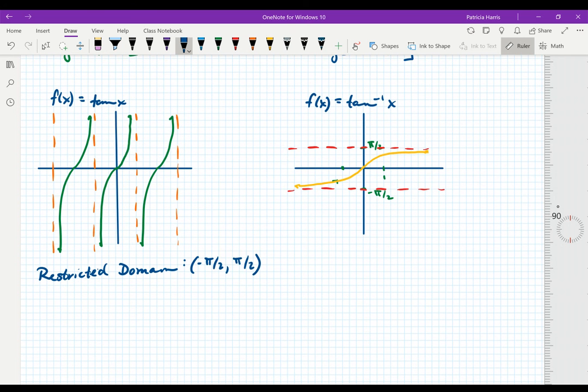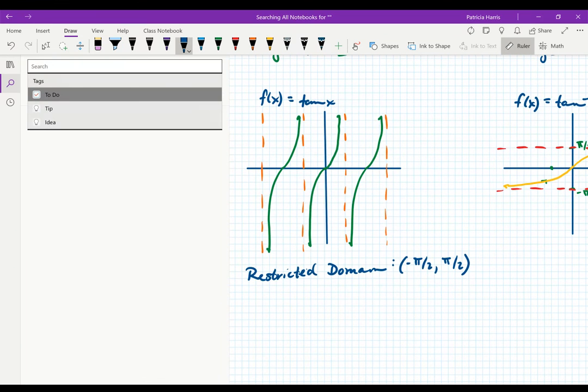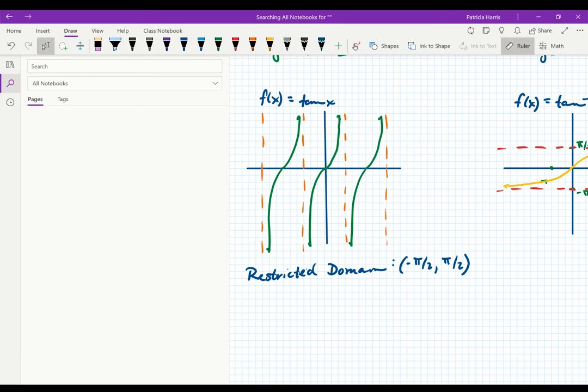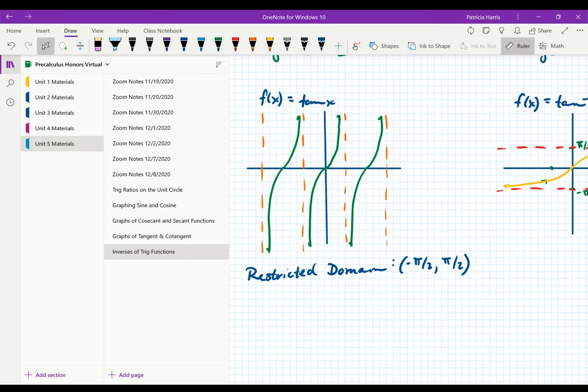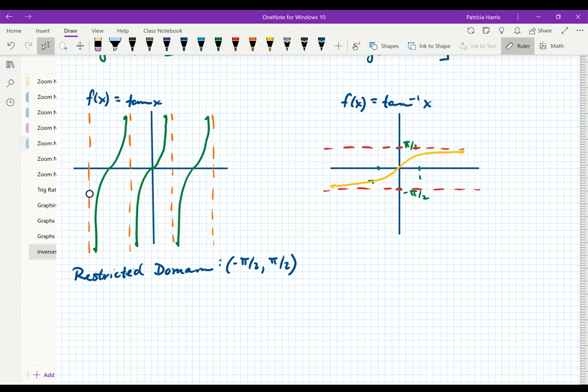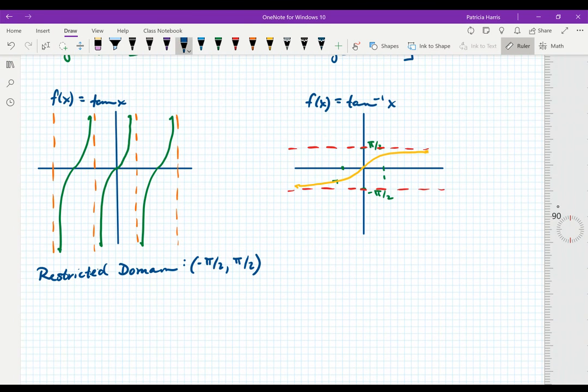Now notice I put parentheses around that because the pi/2 and the -pi/2 are not included, since there are asymptotes there. So your range is actually -infinity to +infinity, because tangent doesn't have a max or a min.